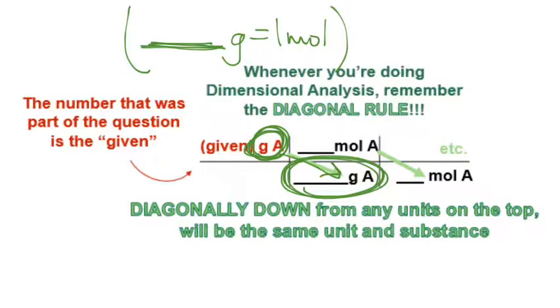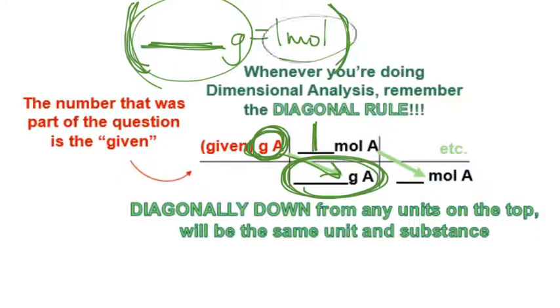Grams of one thing on top, you gotta have grams on the bottom. So even once I know that I'm using this conversion, it has two sides. I've got to make a choice of what to write down first and what to put on that bottom part. And that grams part is going to go on the bottom, which technically means this right here would be 1 mole of A up on top, because that other side of our grams is always 1 mole, and that goes on top in this situation.